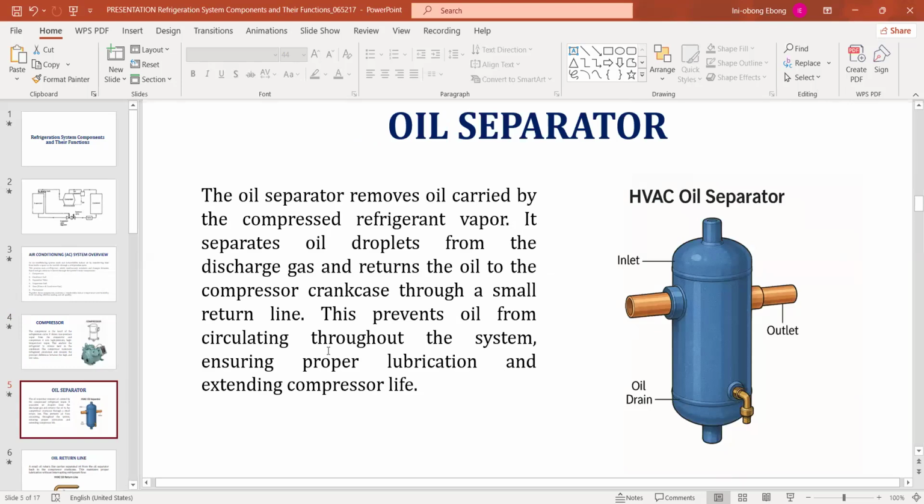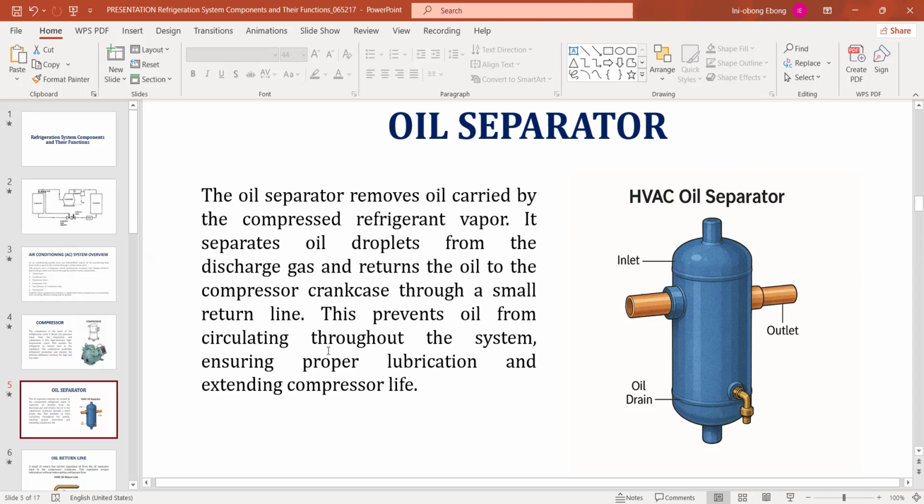After your compressor, what do you have from the line diagram? It was from the compressor to the oil separator. So now we have your oil separator. And what is the function of the oil separator in the system? It is to separate oil from the compressed refrigerant, and that oil will go back to your sump, the compressor crankcase. So the oil separator removes oil carried by the compressed refrigerant vapor.